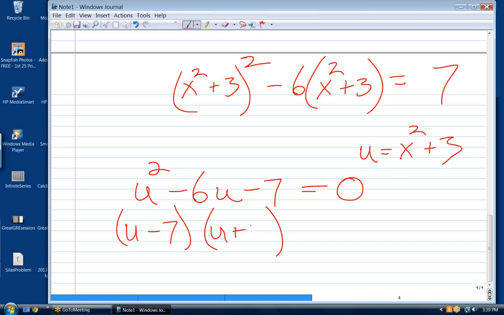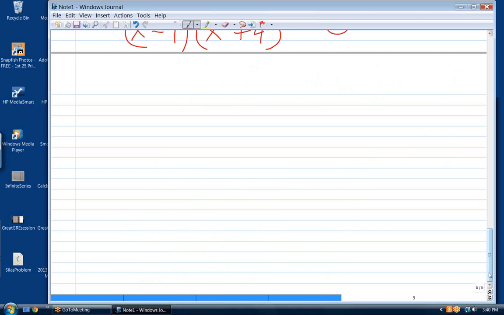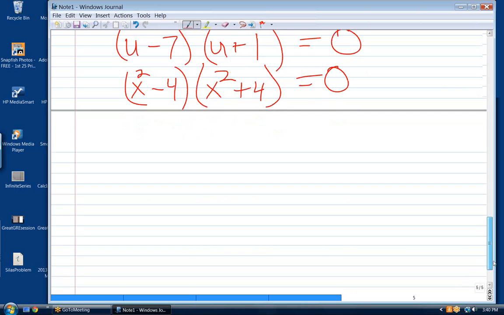Right? Which means the solution now is, go back and resubstitute. So we have x squared plus 3 minus 7, so that's x squared minus 4, times x squared plus 3 plus 1, which is x squared plus 4. And now what can we do?